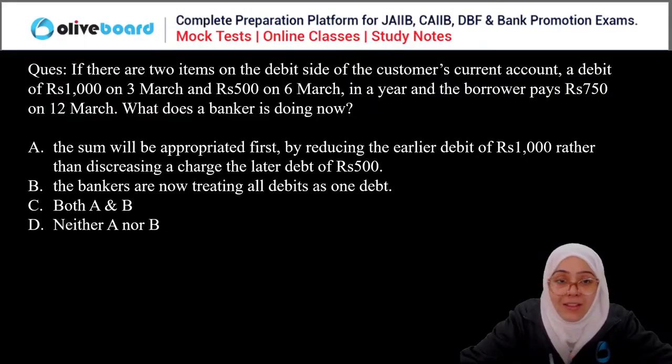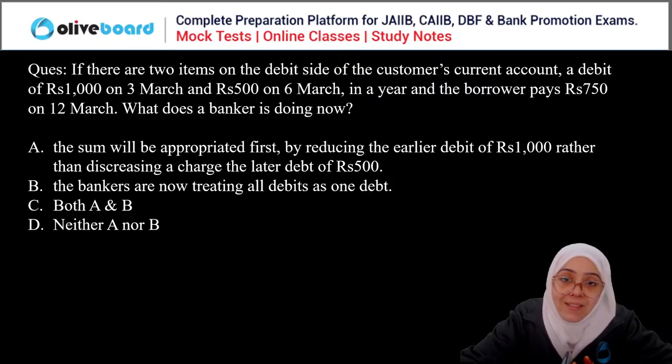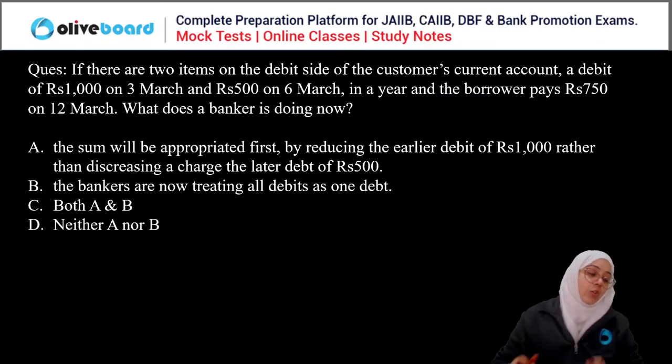In the first statement, it is saying that first this 750 is used for adjusting the debit of 1000, then 500. In the second, the bankers are treating all debits as one debit, meaning they can just add the debits like 1500 and then adjust this 1500 with the 750. Or both can be the scenario, or neither one nor two. Everyone please answer this question.